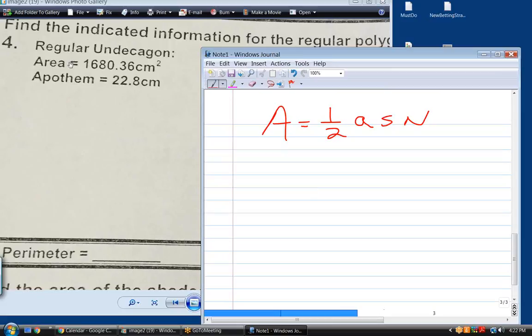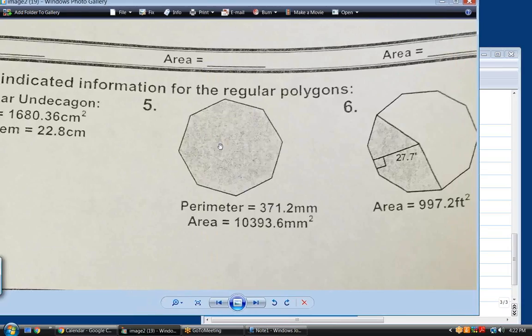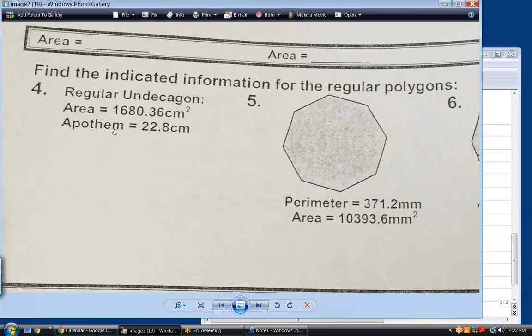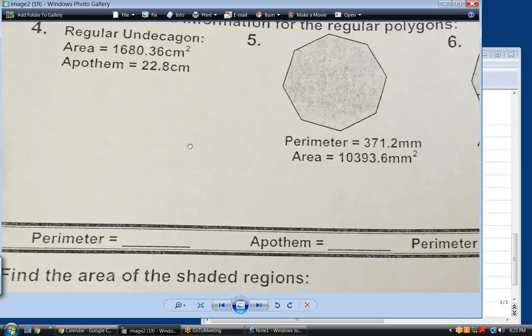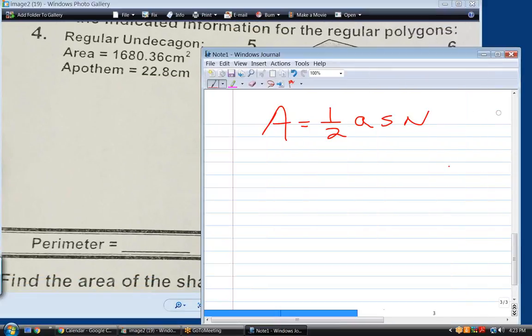Notice one of the pieces of information they give you is A. In fact, what are we supposed to solve for here? We're supposed to solve for the perimeter. Really? On number 4? Where does it say that? Down a little bit. Okay, so we're solving for the perimeter.